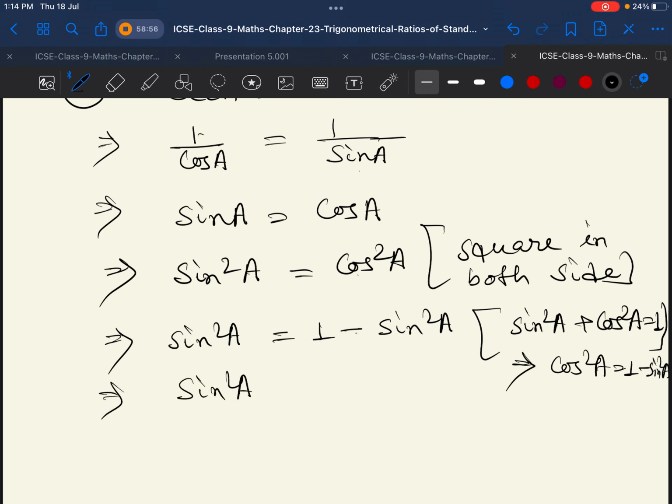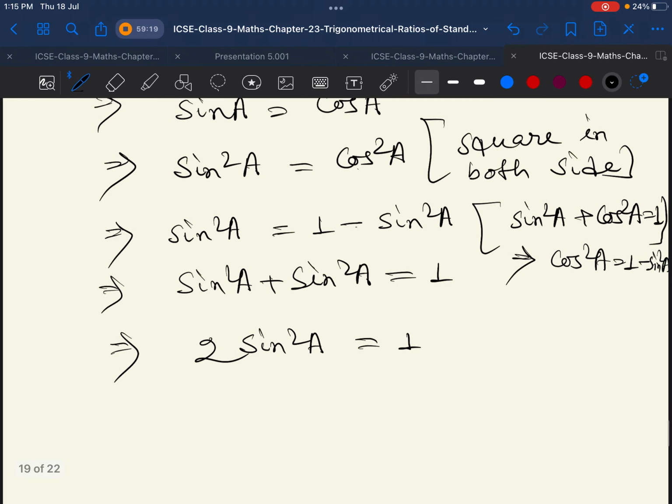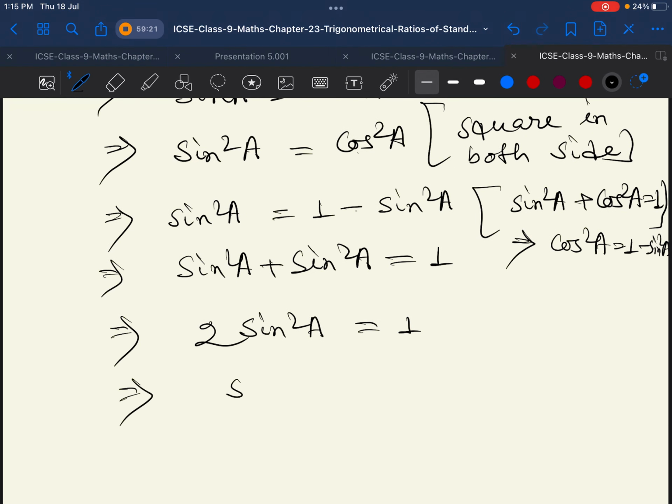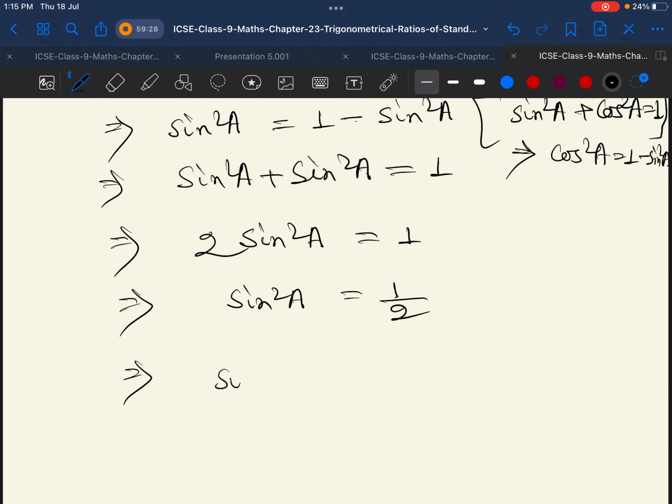So sin square A minus sin square A, this will be shifted to the left hand side. Okay, so sin square A plus sin square A will be 2 sin square A equals to 1. So we can write sin square A equals to 1 by 2.